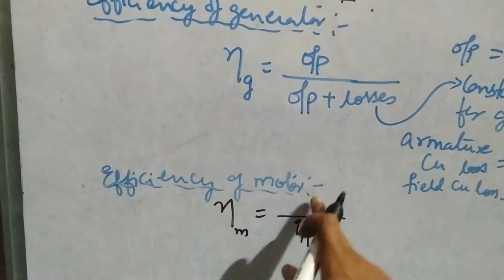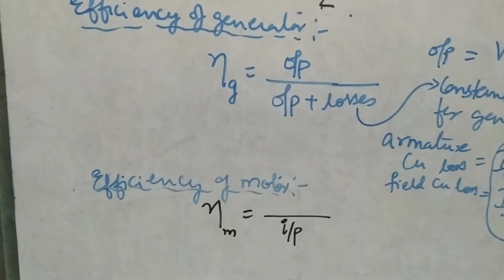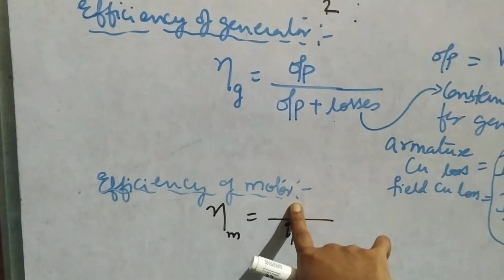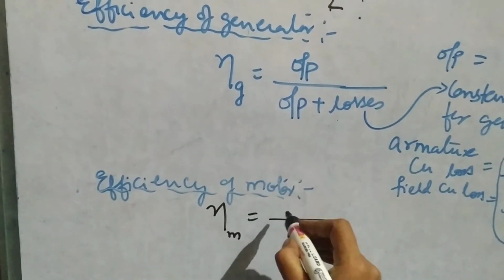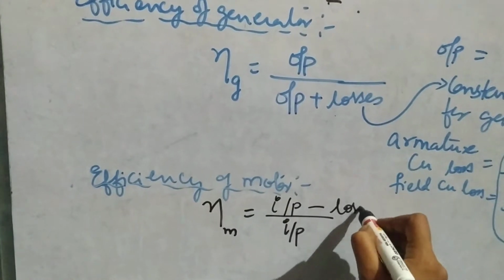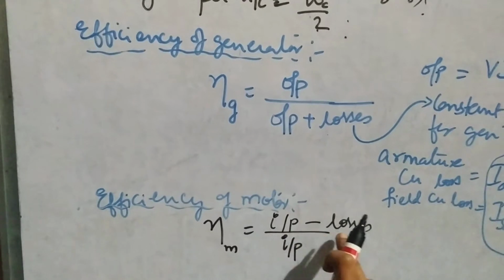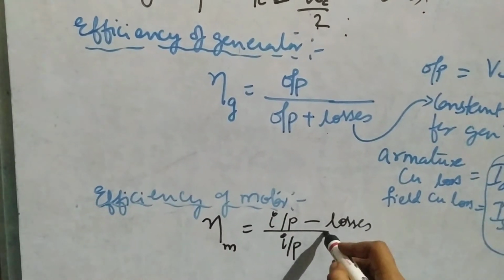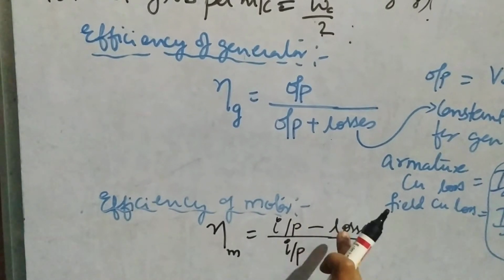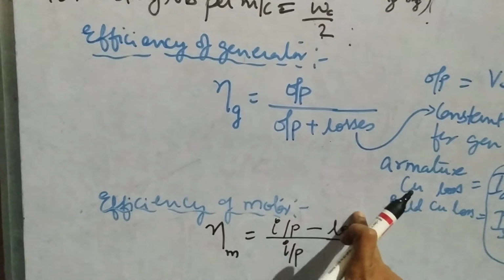So we know what the input is. Input is equal to output plus losses. But here we have to express output with respect to input, right? So therefore I will write input minus losses. So remember, for the motor the numerator term you have to manipulate, with a difference of the two terms: input minus losses.